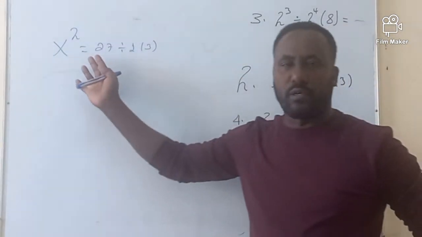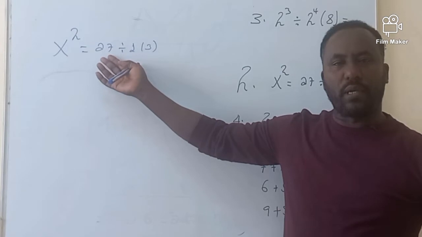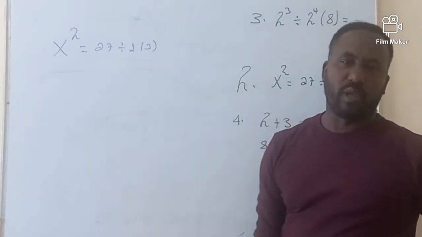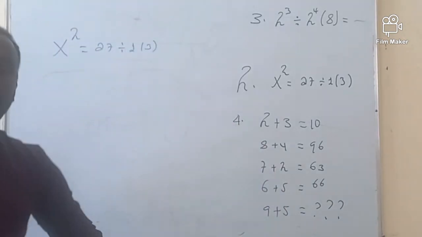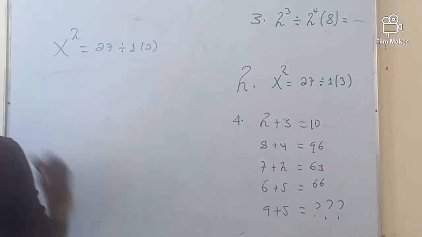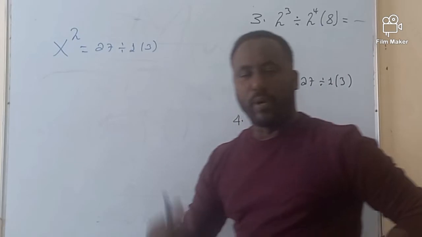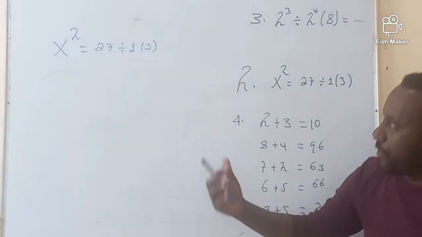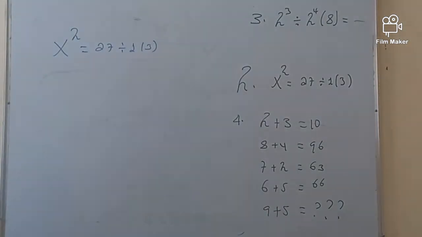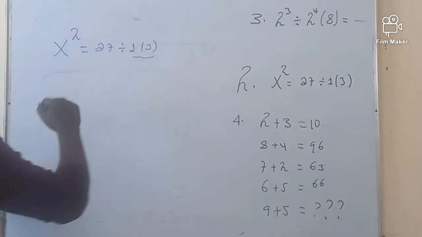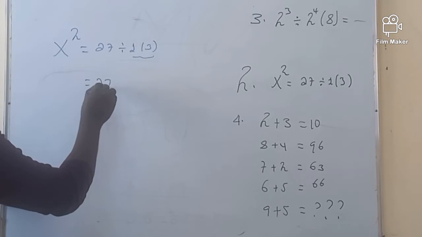In order to find the solution, you have to remember PEMDAS or BODMAS. I have already explained how to solve such a problem in our previous video, and you can look at how we do it there. In order to find the value of the variable, first we need to do the brackets first. Now this is going to be 27.